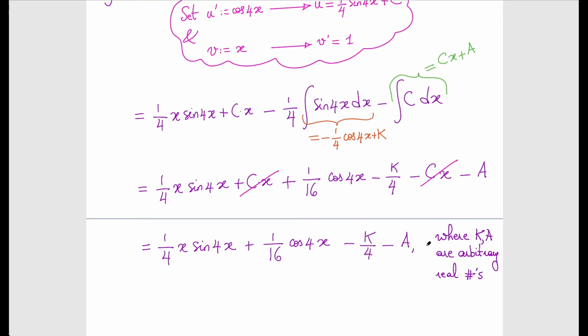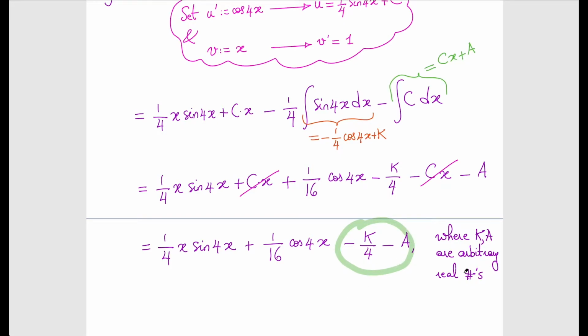If k and a are arbitrary real numbers, what can you say about negative k over 4 minus a? Well, if k and a can be anything, then this guy here can also be anything, correct?